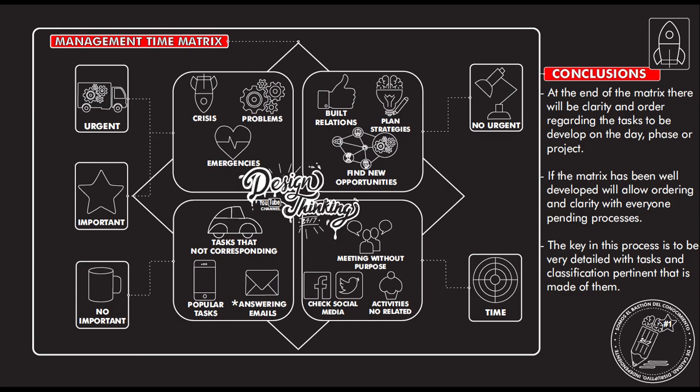The key in this process is to be very detailed with the tasks and their classification. Before you classify a task, you should be very sure that the position you are giving it is the proper one.